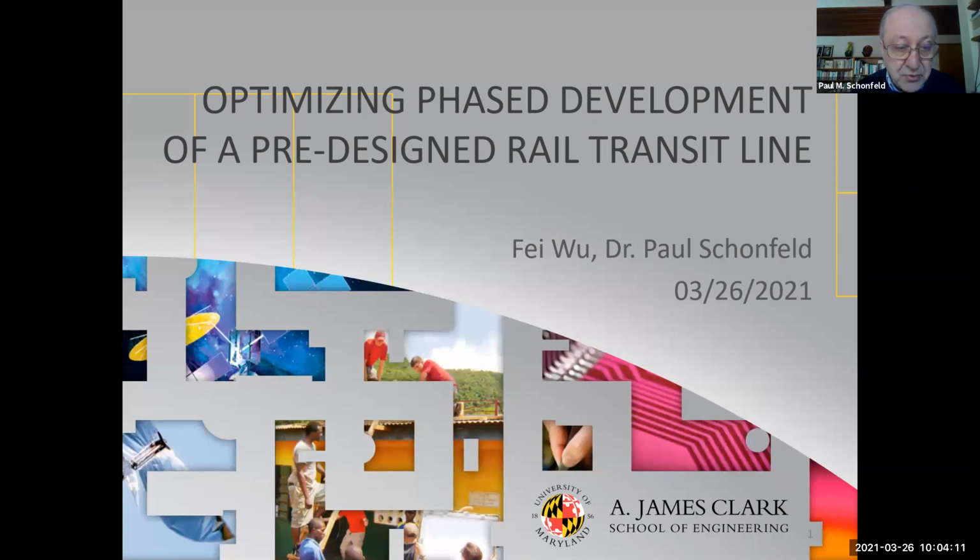First of all, this is a problem that has not been found in the literature on the phase development of a two-directional rail line. By the way, Fei hopes to extend this eventually into a network model, and not just for railroads, but for the feeding bus routes that would work in conjunction with a rail network.